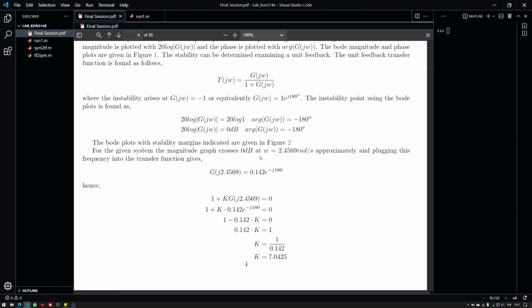Now you can look at the Bode plot and conclude that 2.45 is the place where the 0 decibel crossing happens. Therefore, if you plug it back into your transfer function, you get a polar representation, and the gain is 0.14 and the angle is 180 degrees.